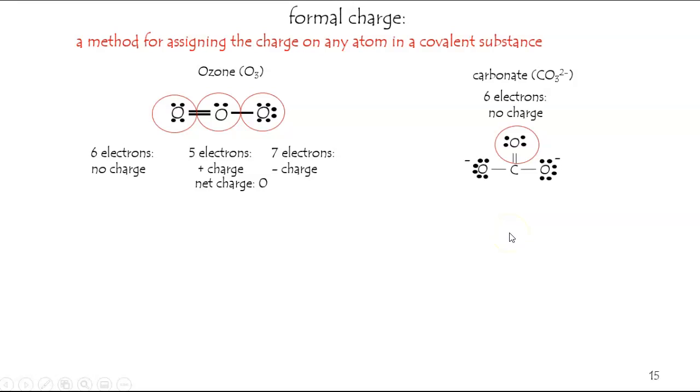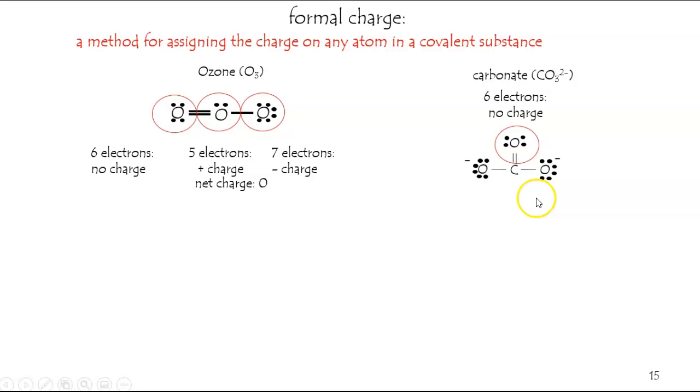Do we have our charges right? I see 7 electrons here. Remember, count the bonding electrons as 1 each because they're shared. That's negative charge. 7, it's supposed to have 6. 7, it's supposed to have 6. 6, it's supposed to have 6. 4, it's supposed to have 4. Do you see that? This is one form of the carbonate dianion, a pretty reasonable one.